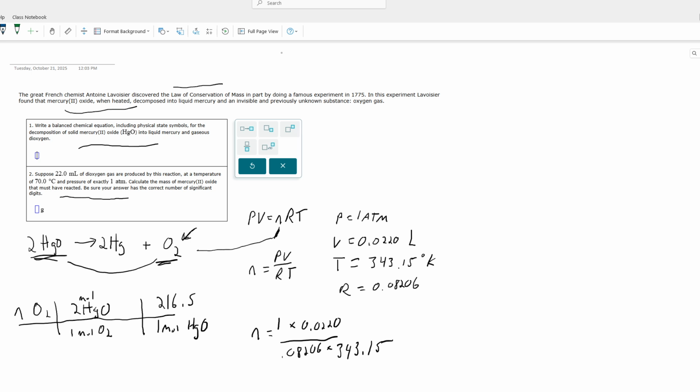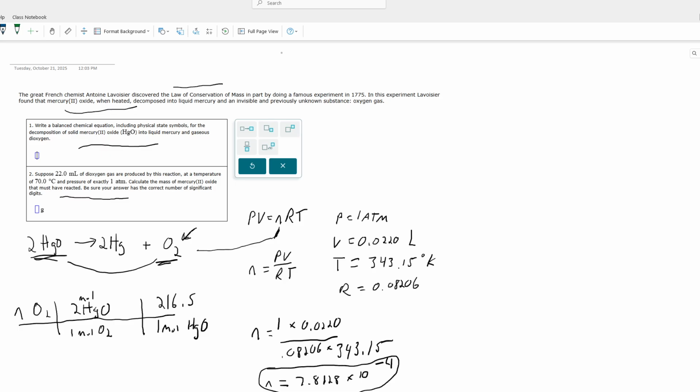Okay, I have 0.0220 divided by 0.08206 divided by 343.15 equals, that gives me n equals 7.8128 times 10 to the minus fourth. Okay, this is my number of moles right here.